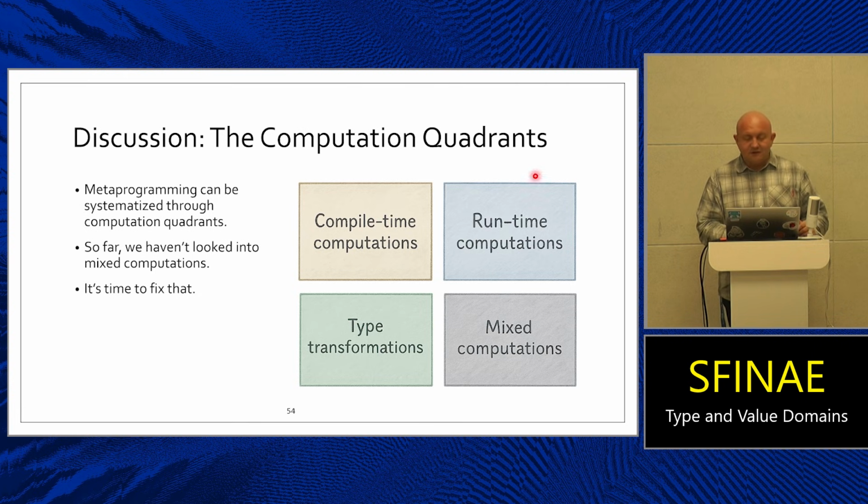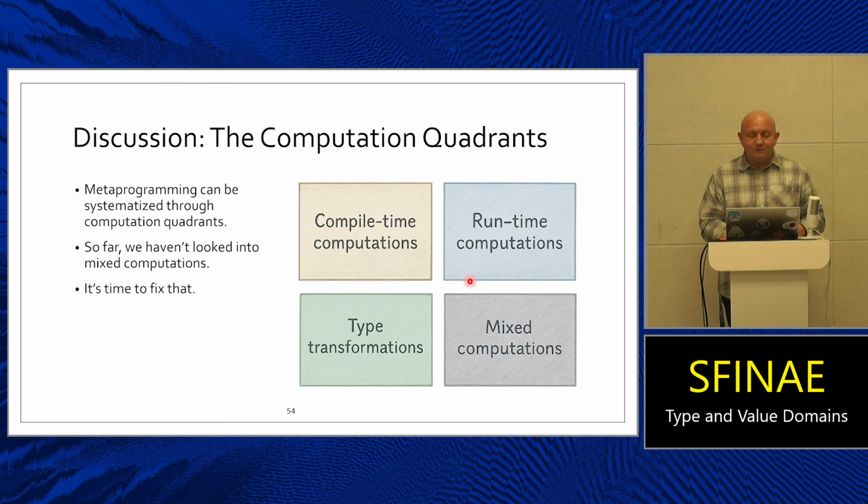The second is runtime computations, where everything happens when the program runs, and this is the traditional, familiar world of execution. Then we have type transformations, operations that exist purely in type space, like add a value reference to type T. You can't write a constexpr function to add a reference to a type because it's not a value operation, it's a type operation.